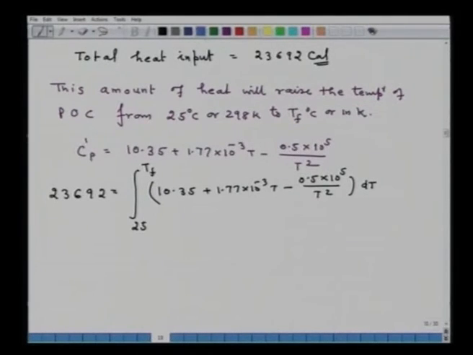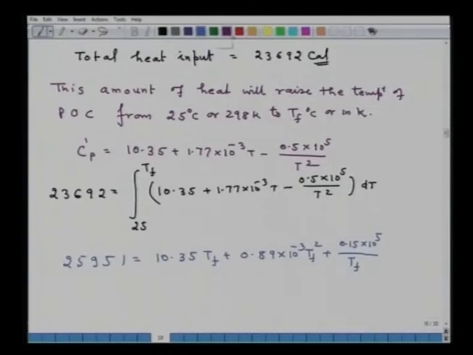So the equation which I will be getting, 25951, that will be equal to 10.35 Tf plus 0.89 into 10 to the power minus 3 Tf square plus 0.15 into 10 to the power 5 upon Tf. Now again solve by iteration.